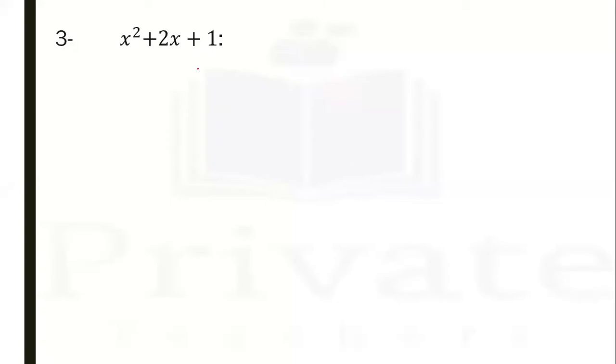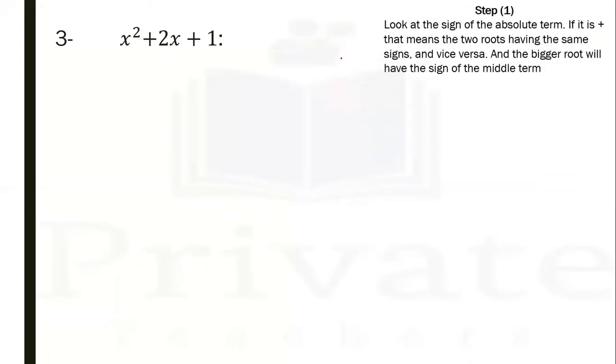Now, the third one: x to the power of 2 plus 2x plus 1. It is obvious that it is a second degree expression. We solve it in many steps. The first step, look at the sign of the absolute term. If it is positive, that means the two roots have the same signs. Why?